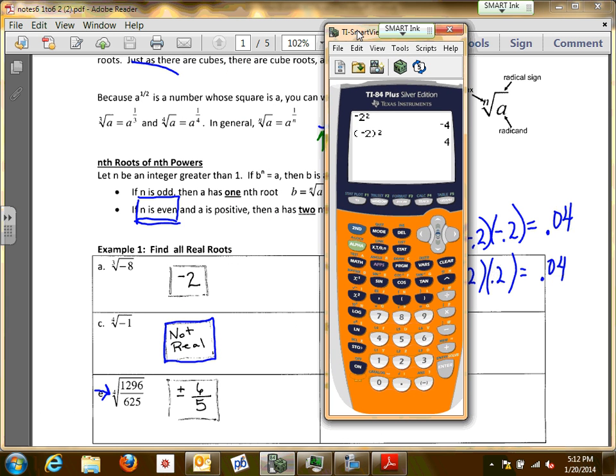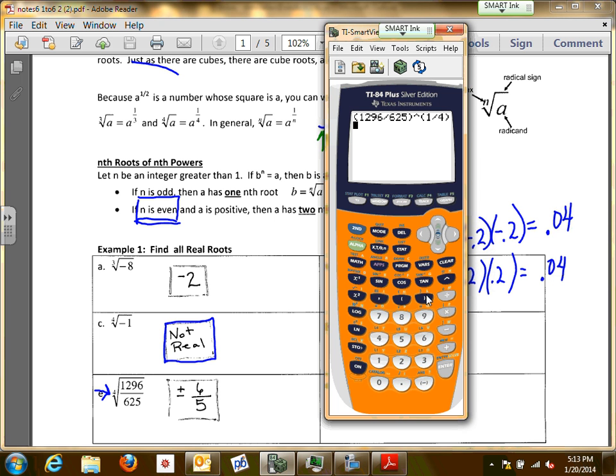I'm going to put in parentheses the entire value of 1296 divided by 625. Close that. Now, I want to raise that to the fourth root, to the, in parentheses, 1 divided by 4.